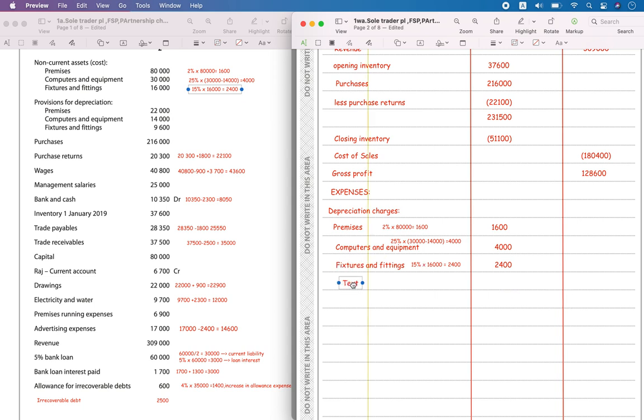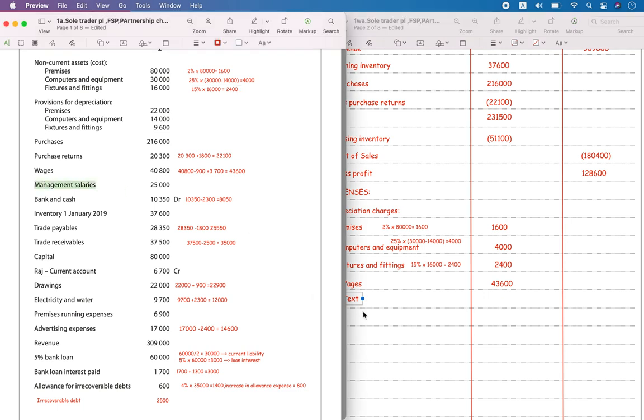Then the next expense is the wages. The wages is around 43,600. We have already included it. We have adjusted it for the errors that had happened. It's around 43,600.